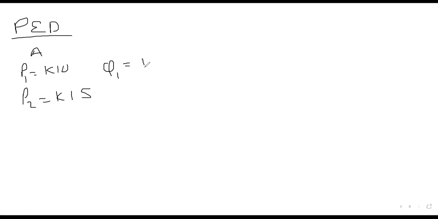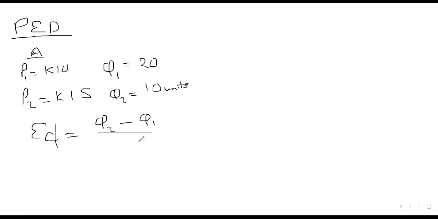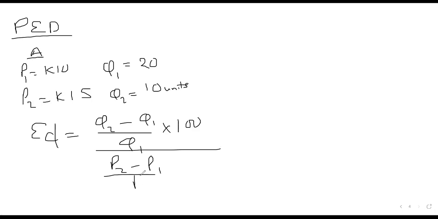If you're consuming 20 units of good A, and the price increases by 5 kwacha, you reduce your consumption to 10 units. What is the elasticity of demand? It is the second quantity minus first quantity over Q1 times 100, over P2 minus P1 over P1 times 100.